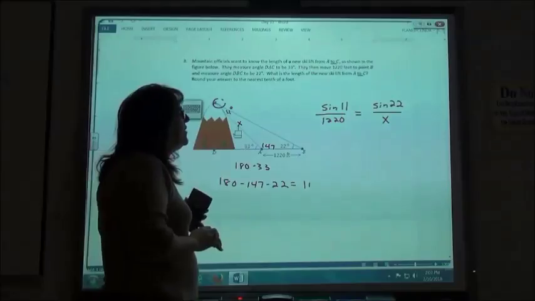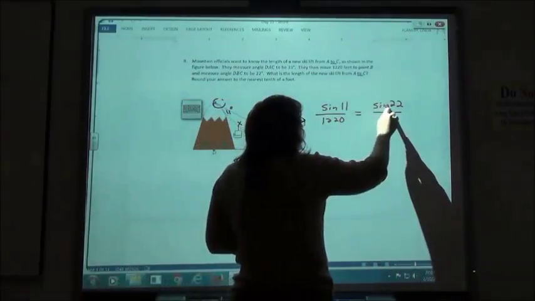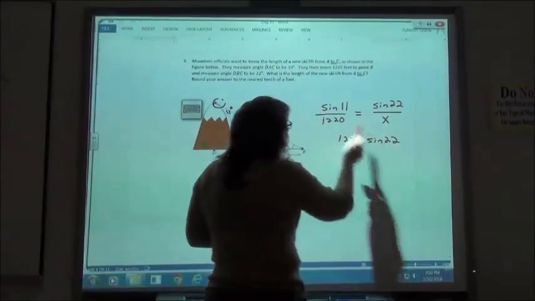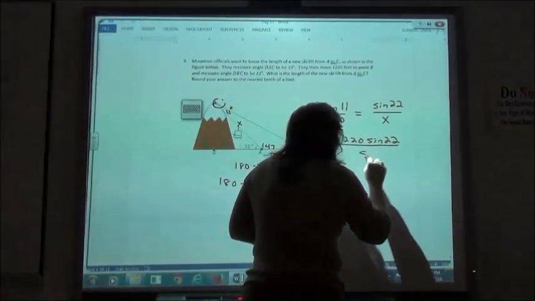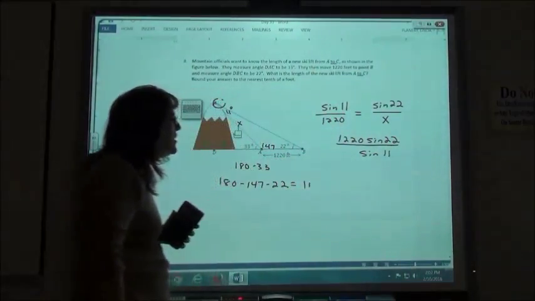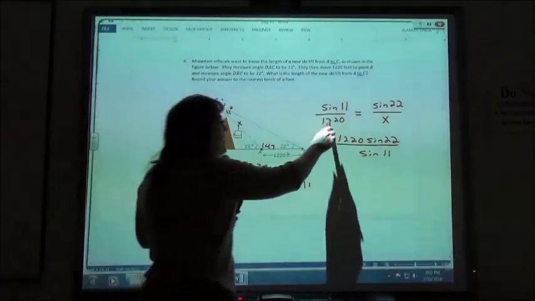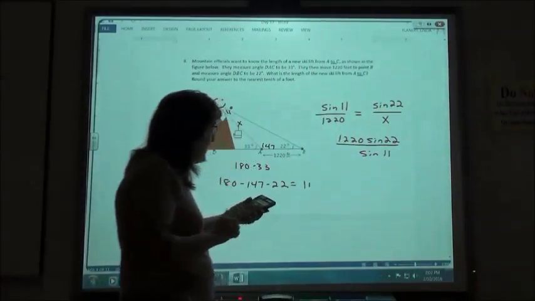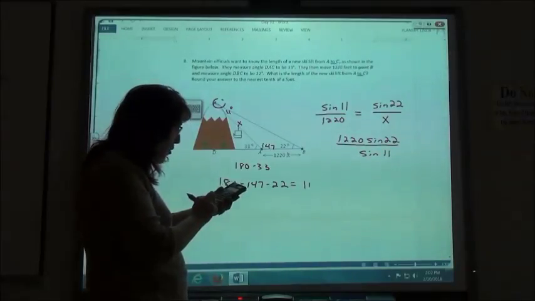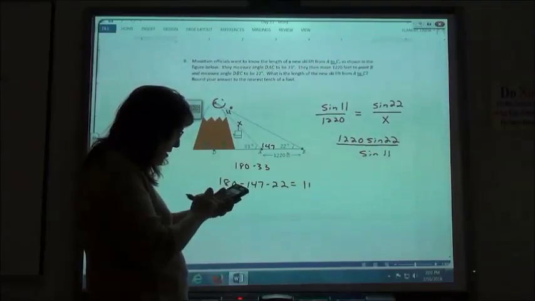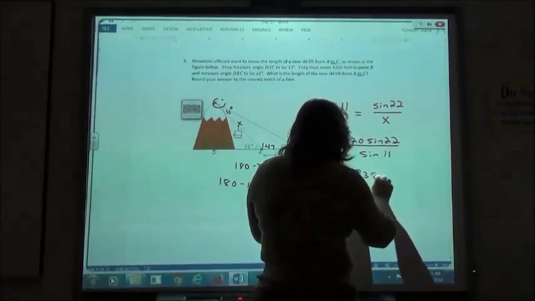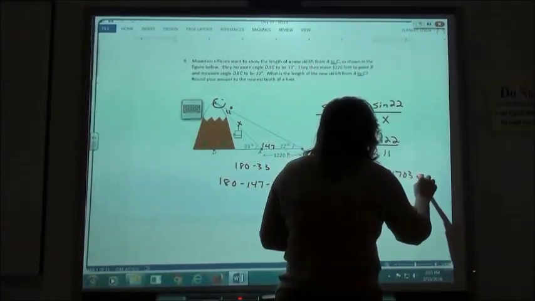Solving that again, if I take a little shortcut, I'm going to take this times this, so 1,220 sine of 22, I'm going to end up dividing by the sine of 11. If you need to cross multiply and solve it, go ahead, but I'm just saving myself some writing room. 1,220 times the sine of 22 divided by the sine of 11 gives me 2395.170328.